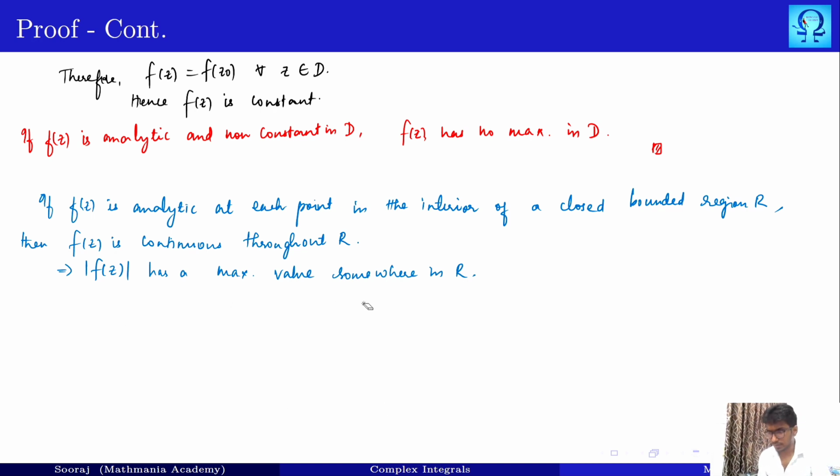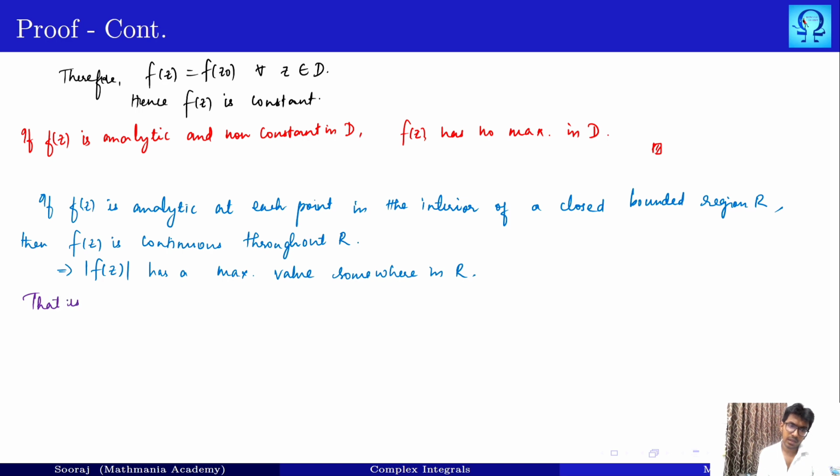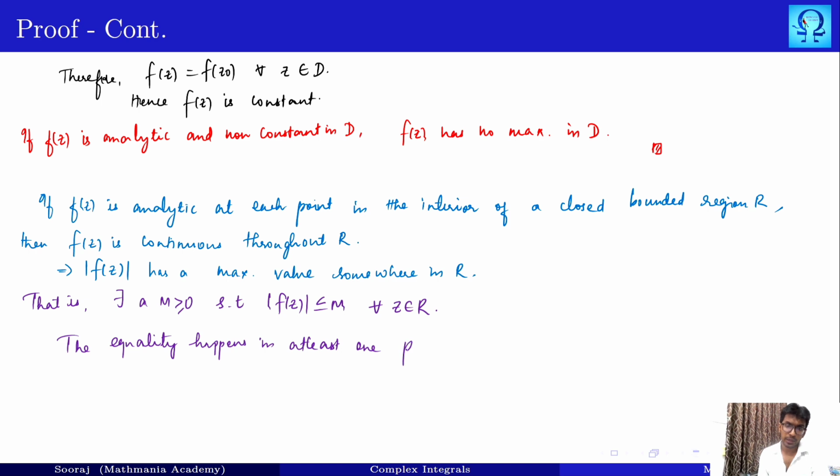If this has a maximum value somewhere in R, it means that there exists an M, non-negative, such that the absolute value of f of z is smaller than or equal to M for all points z in the region R, and the equality occurs in at least one point.